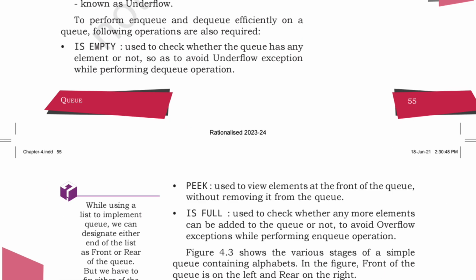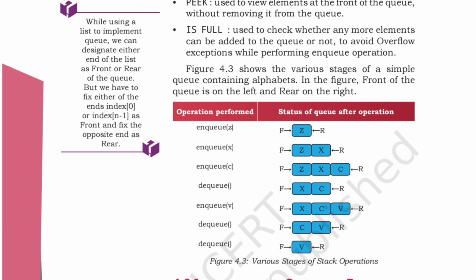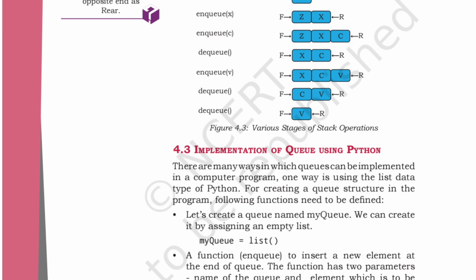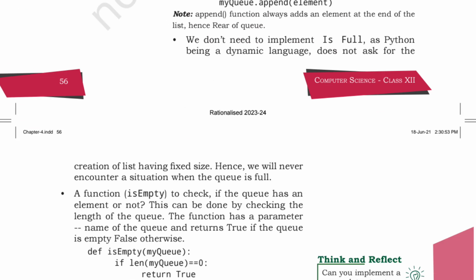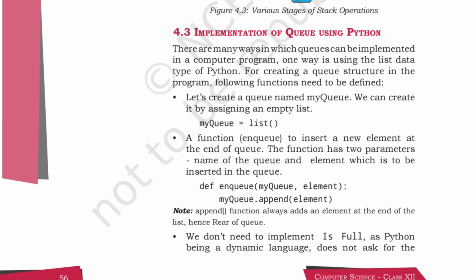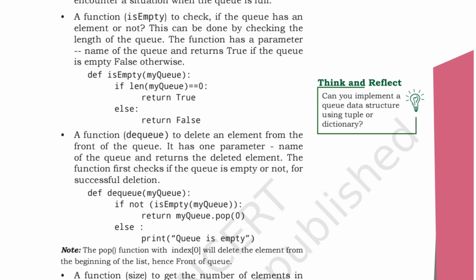At the rear end we are entering something. Just remember that rear is your tail and front is your head. Sorry for that. I thought maybe it applied just for this case only, not for the other case.